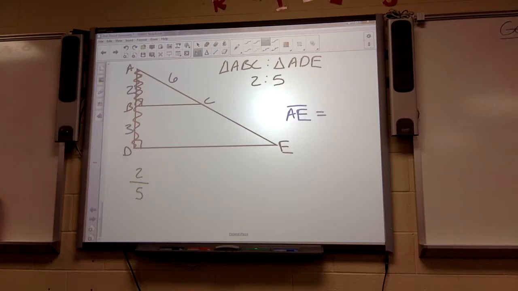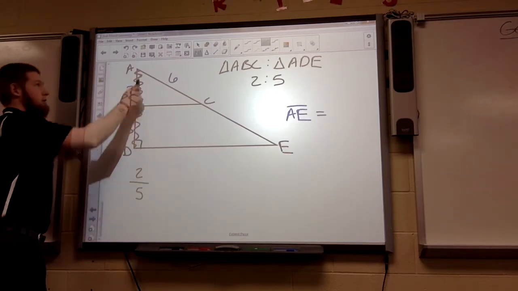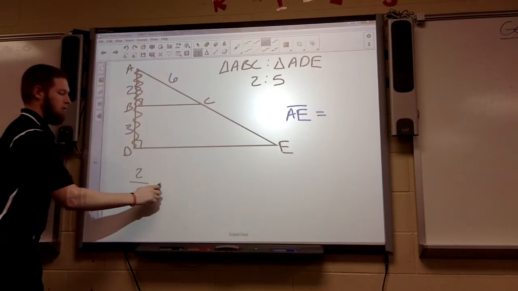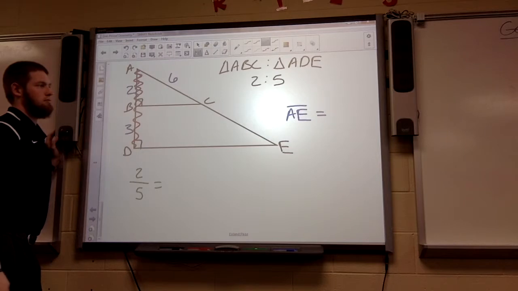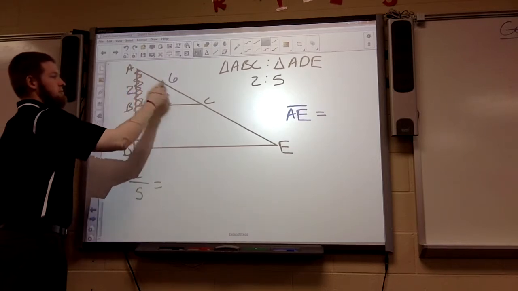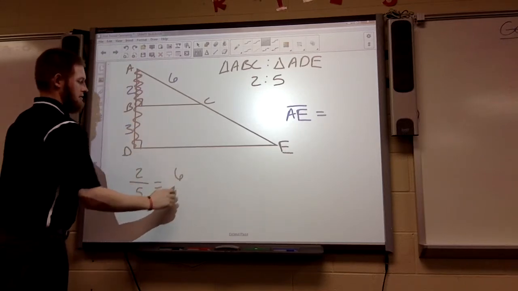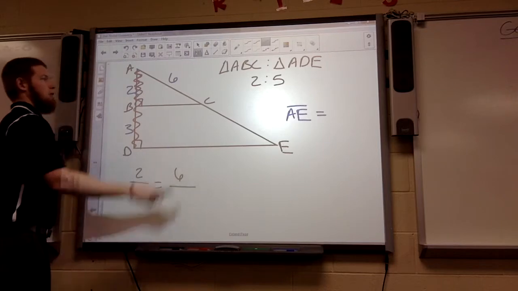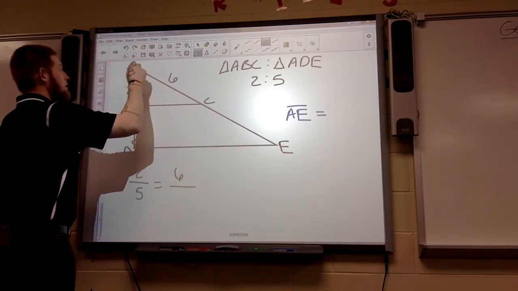What do I know if I did the whole side of the small triangle compared to the whole side of the big triangle? What else do I need to do? I need to do the whole side of the small triangle, which is 6, over the whole side of the big triangle, which is x plus.